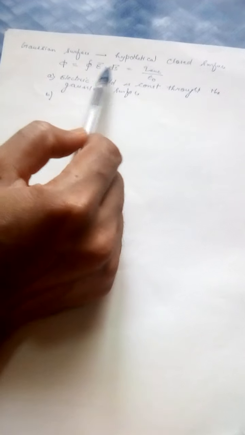Second thing, when we are solving this closed integral, you can see E ds cos theta. If cos theta has value 1 or 0, then the integral becomes very simple to solve. Cos theta is 1 for theta equal to 0 degree, meaning the angle between E and ds is 0 degree.